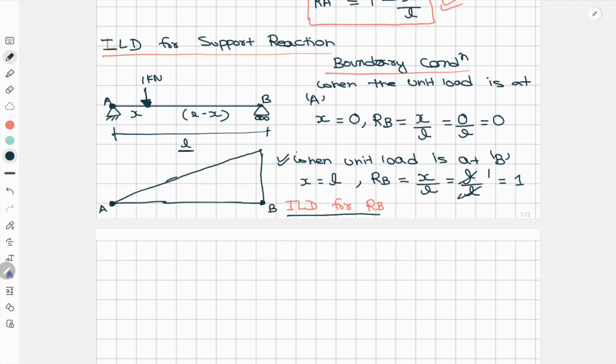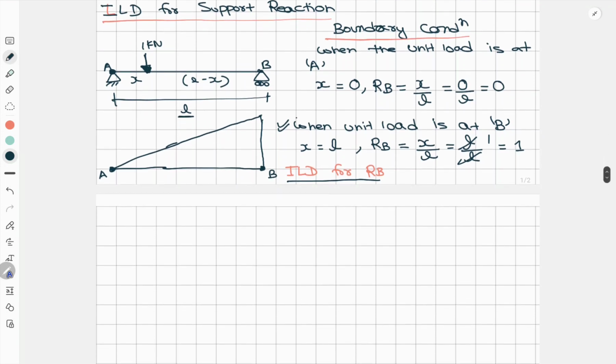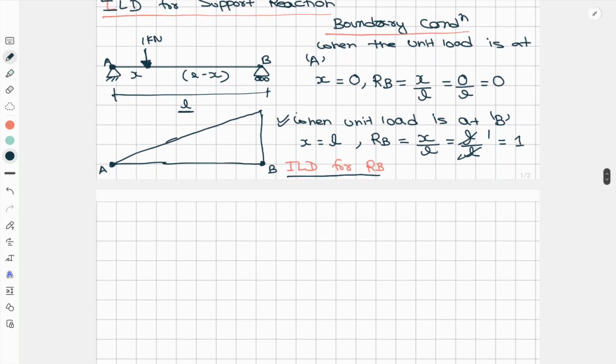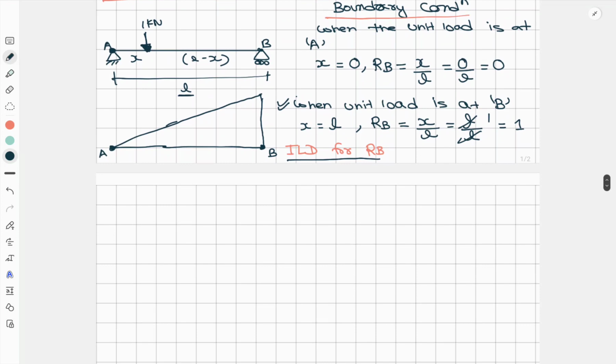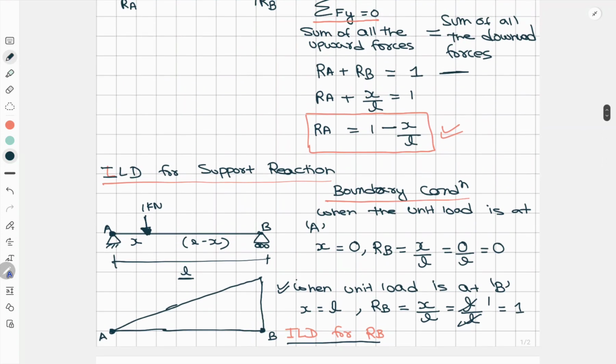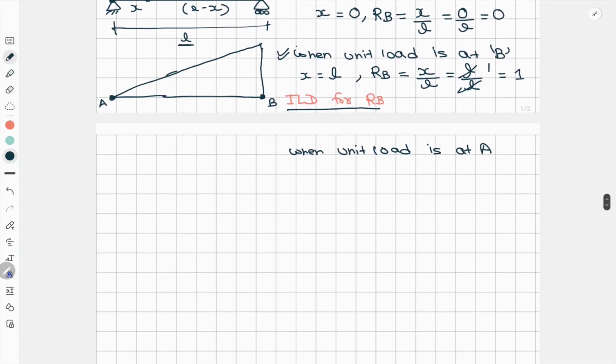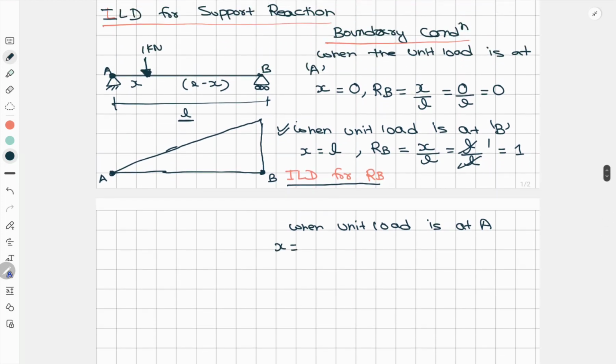Now you have to find for the RA value. So again we'll apply a boundary condition for RA value. Now what we'll write, the same thing, when this unit load is at A, now we are finding for RA. So X will be, obviously it will be 0, right?